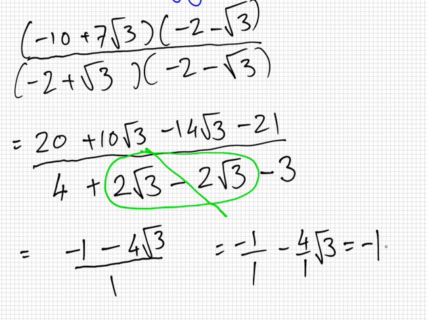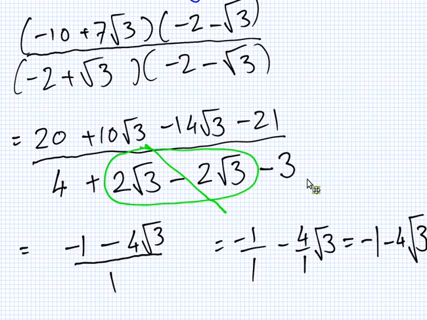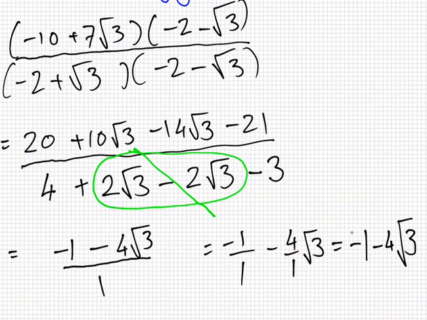Right, so let's have a look at something like this. Minus 10 plus root 147 divided by minus 2 plus root 3.